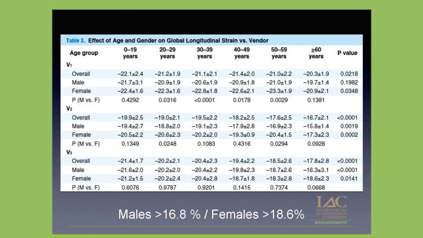You also realize that they will change as we grow older, and that the strain for a female is higher than the strain for a male. So what is normal, if you're using General Electric for a female between 40 to 49, will be a strain more negative than -18.6, and for a male more negative than -16.8.